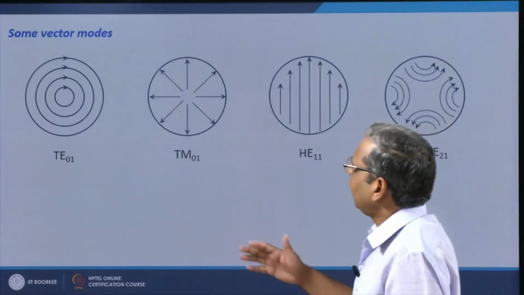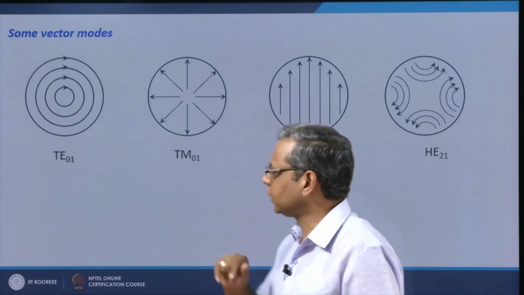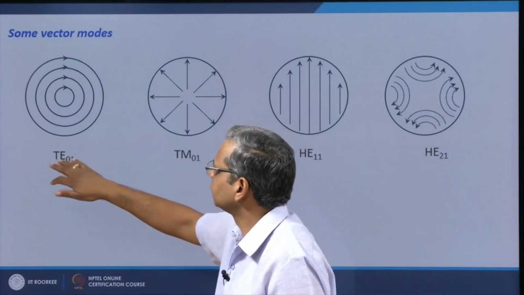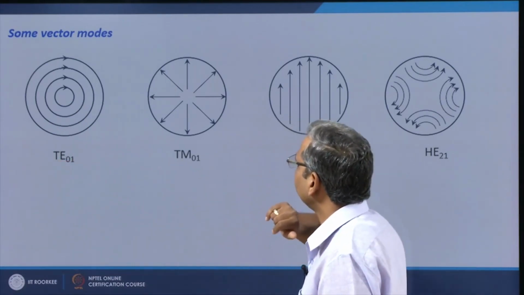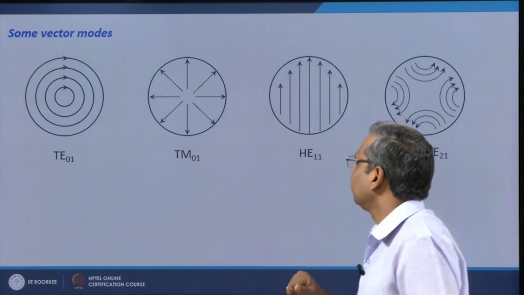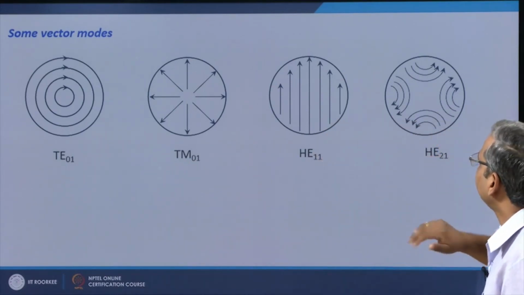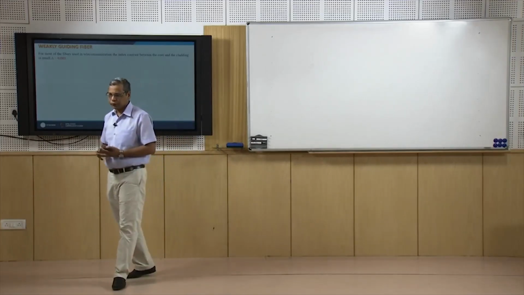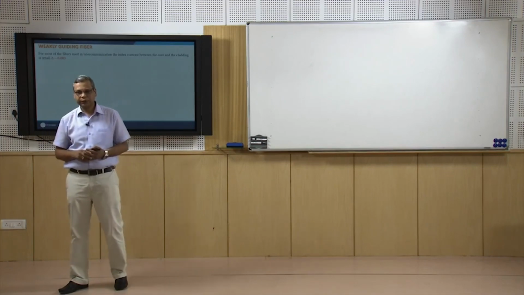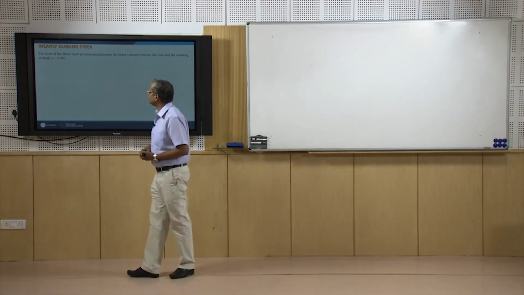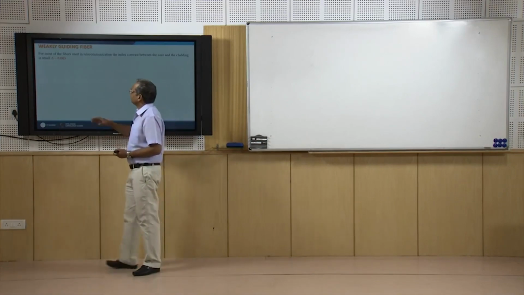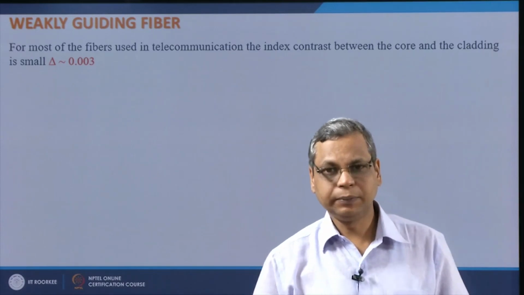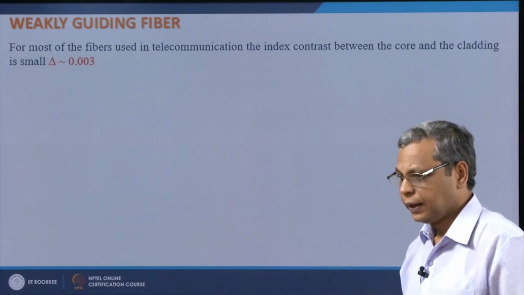Here I have plotted some typical vector modes of the fiber and their electric fields. This is a typical TE01 mode, this is the TM01 mode, this is the HE11 mode, this is the HE21 mode. But the fiber that we practically use has a small index contrast. The relative index difference between the core and the cladding is typically 0.3%, which is very small.